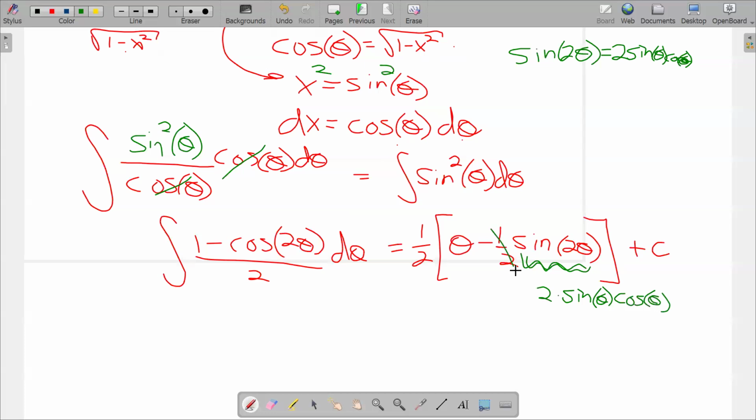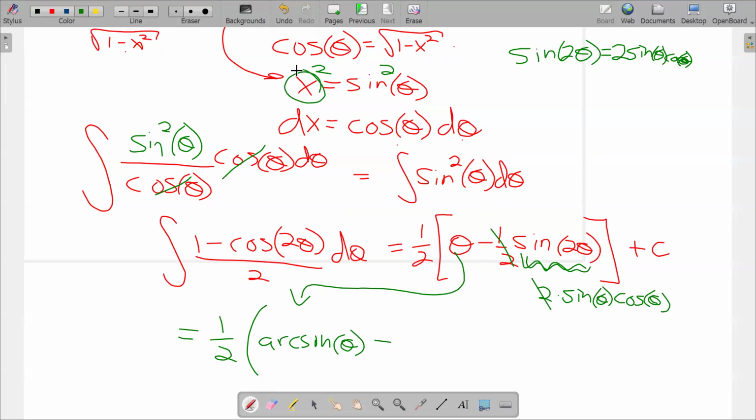And that twice is good because that's going to cancel that half there. I still have the half on the outside. Theta is really the arc sine, minus the sine is really x, and the cosine is that square root.